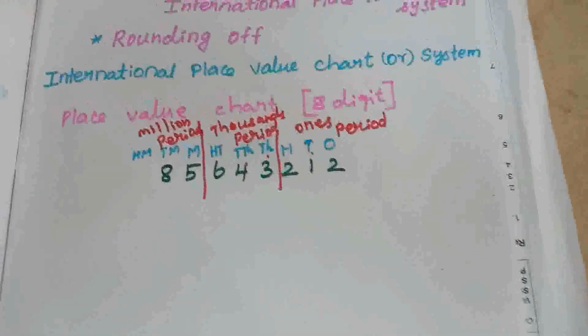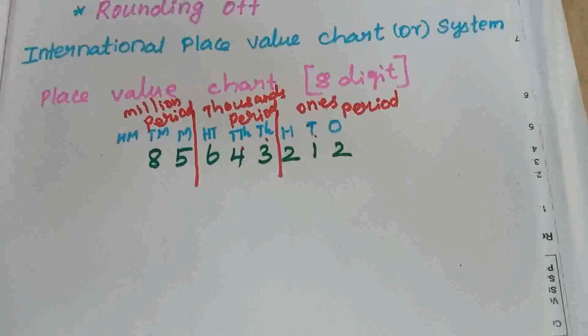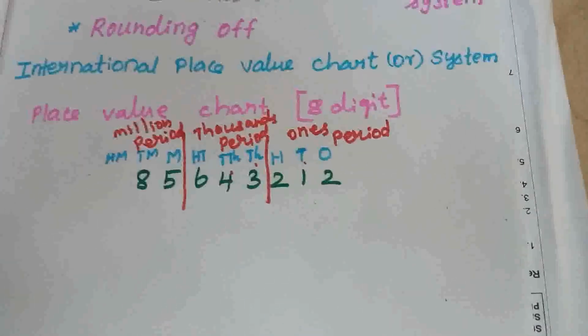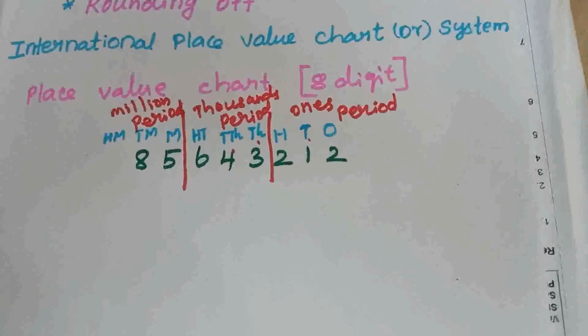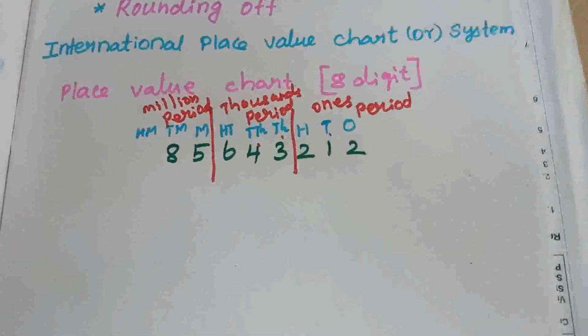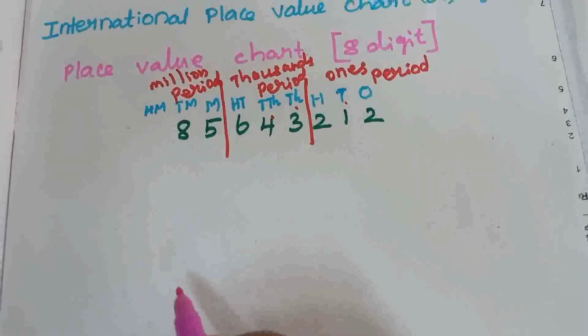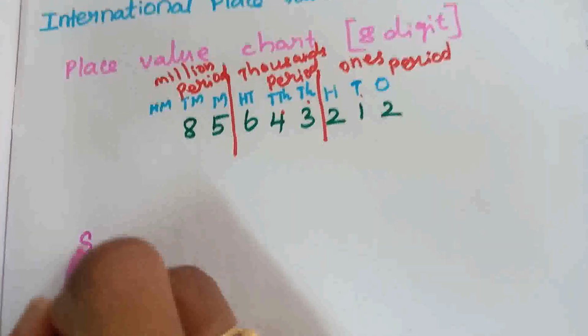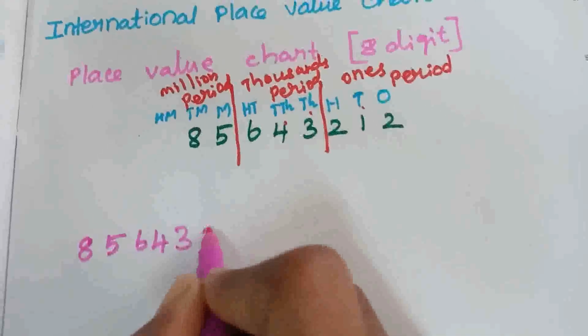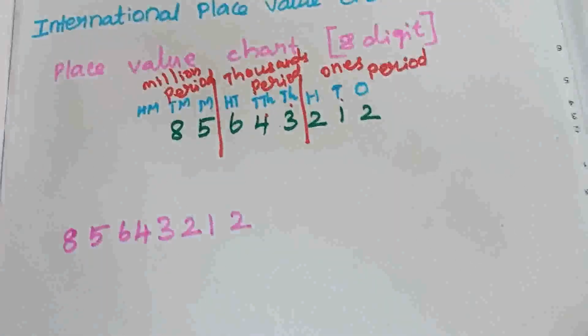Now we have to see how to read the 8 digits using the international place value system and how to put the commas. Here also I am going to use the same example: 8, 5, 6, 4, 3, 2, 1, 2.